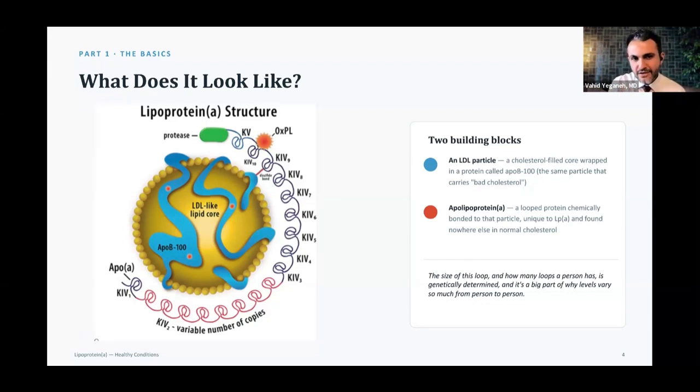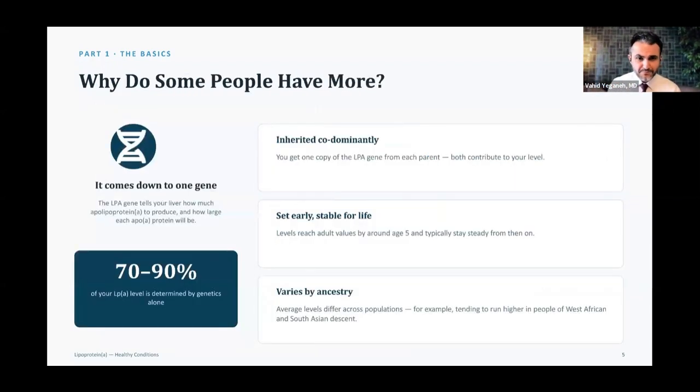And what you see on the outside of that, all those curly, squiggly lines coming around, that's the tail I'm talking about. It's called apolipoprotein A, and that is what's making the difference. It attaches itself to the ApoB. Again, I'm not going to test anybody on this, and we don't have to get too much into the weeds, but I'm a visual person. I think it's helpful to picture a bad cholesterol particle with an extra thing attached to it. That's what I want you to take away from that.